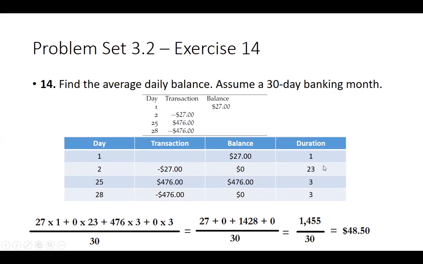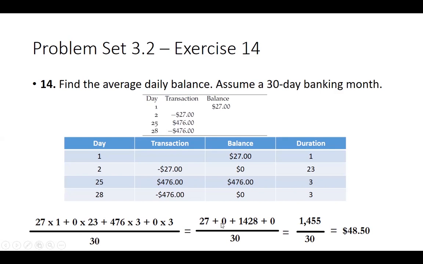So a balance of $27 for one day, 0 for 23 days, $476 for 3 days, and $0 for 3 days. Setting up the average, that's 27 times 1 plus 0 times 23 plus 476 times 3 plus 0 times 3.